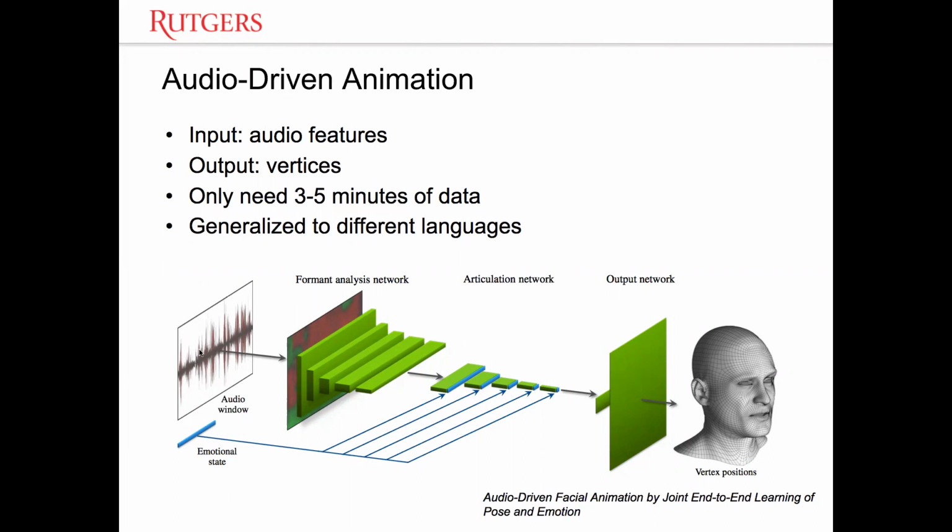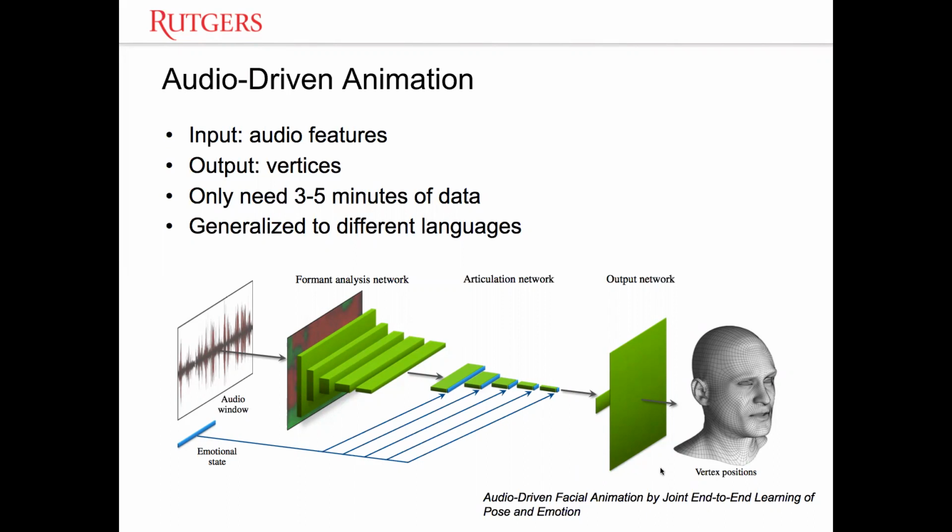But here we directly start from the raw audio features, using a convolution-based neural network model that converts a window of audio features into a sequence of vertex positions, a static frame, and it also has an unsupervised learnable emotional latent code that can be used to control the style of the talking face.